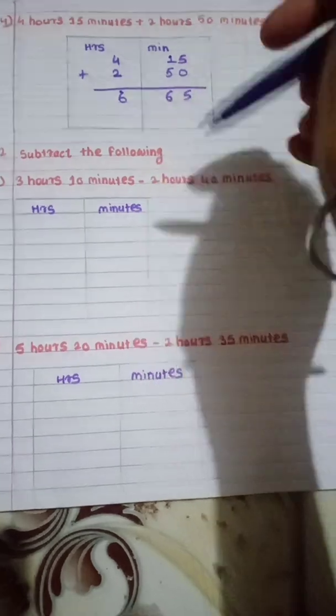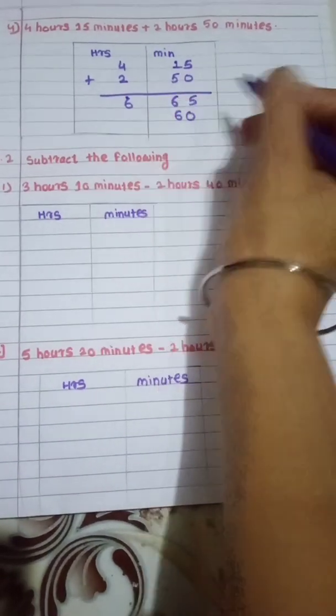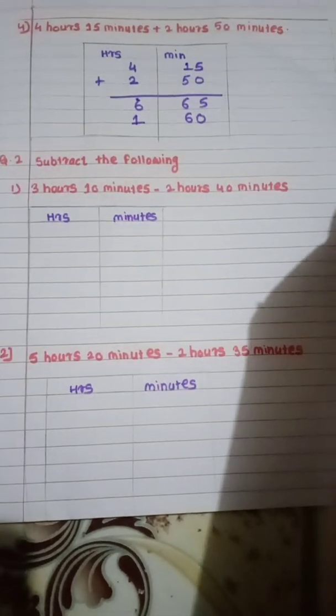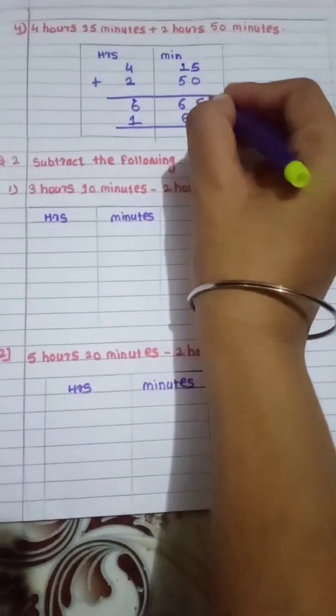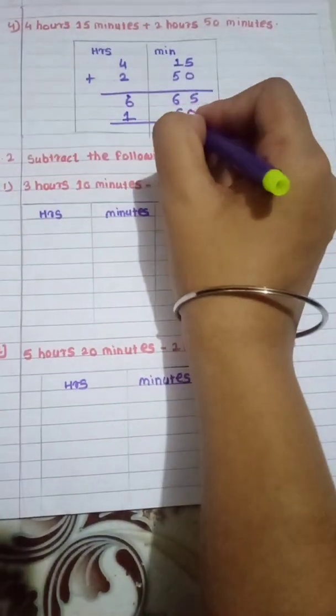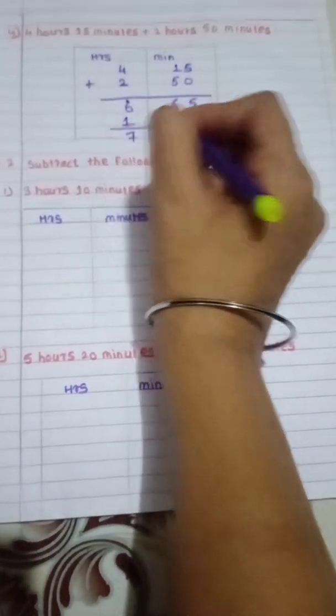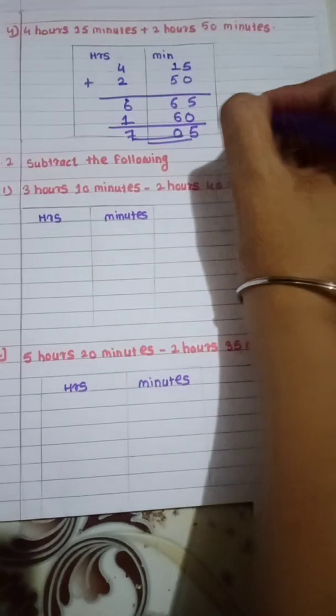So here again minutes are more than 60. So I am going to subtract 60 from here and I am adding 1 in the hour column. So 5 minus 0 is 5, 6 minus 6 is 0 and 6 plus 1 is 7. So what is the answer?